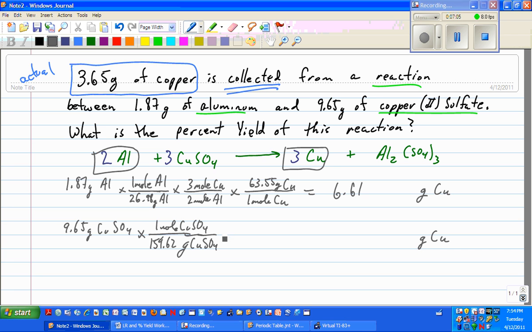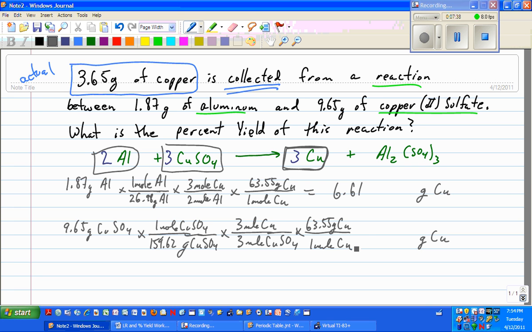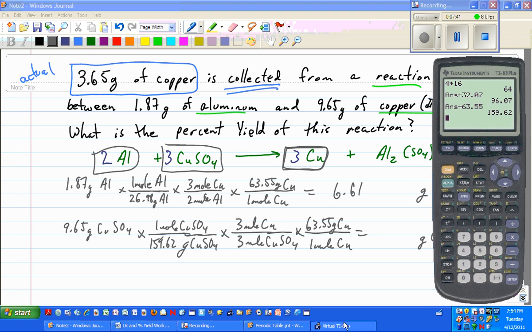So 159.62 grams of copper 2 sulfate times, in this case I am interested in the copper sulfate and the copper. So it's 3 moles copper divided by 3 moles copper 2 sulfate. And then my last step is to convert to grams of copper, so 63.55 grams of copper divided by 1 mole of copper. I've got 9.65 times 63.55.